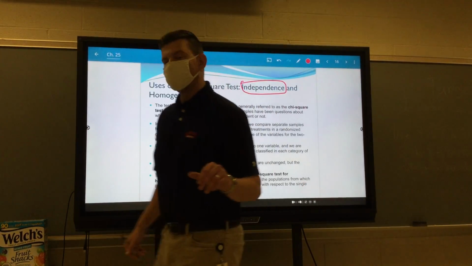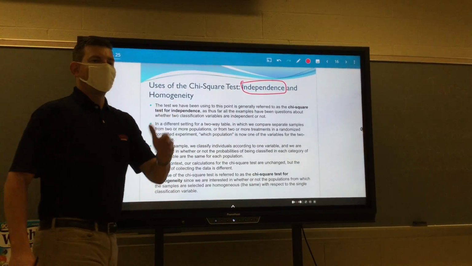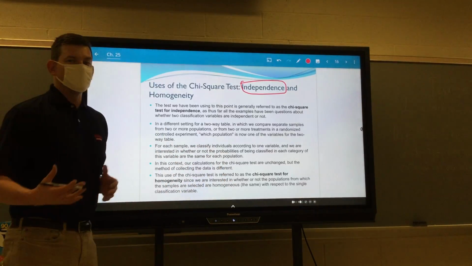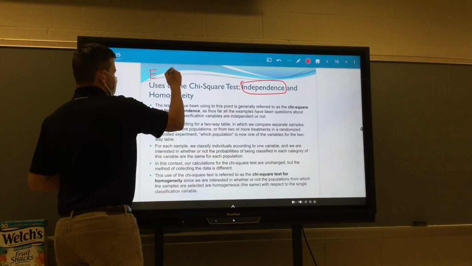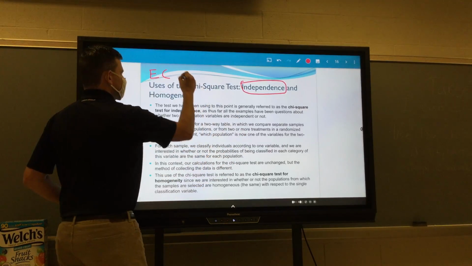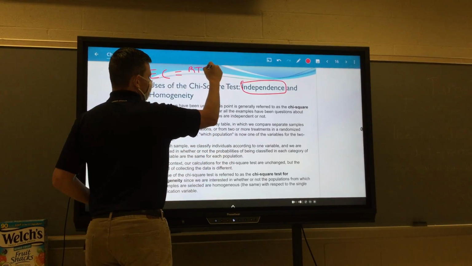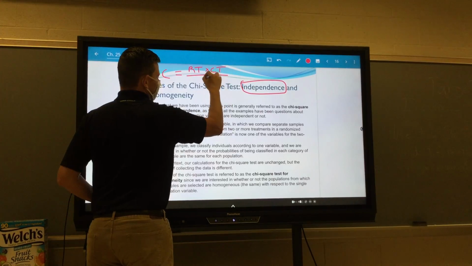Remember that our expectation was derived from our equation for independence. If we're doing this by hand, expected count is equal to row total times column total divided by overall total.